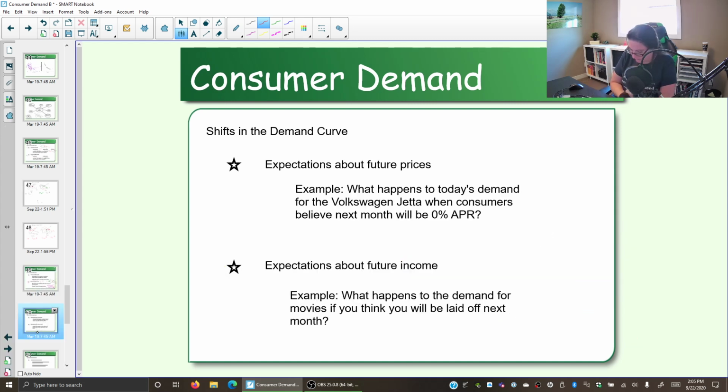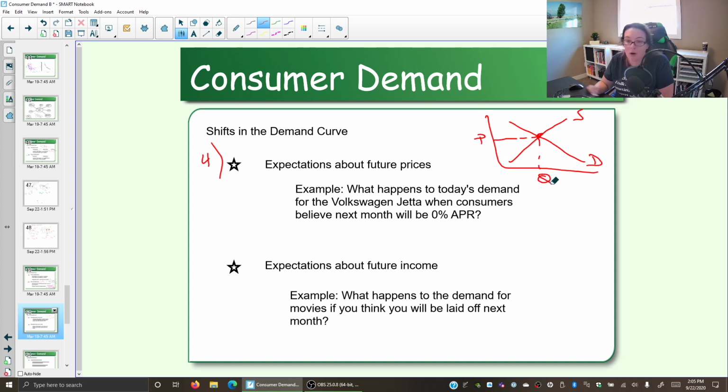Okay. All right, so number 4 is expectations about future prices. So when we draw our demand and supply, this is current conditions, current price, current quantity sold. But our expectations about what will happen in the future will change our behavior.